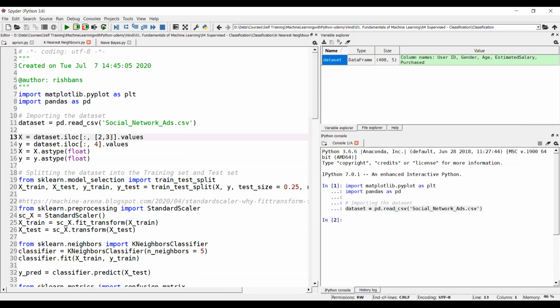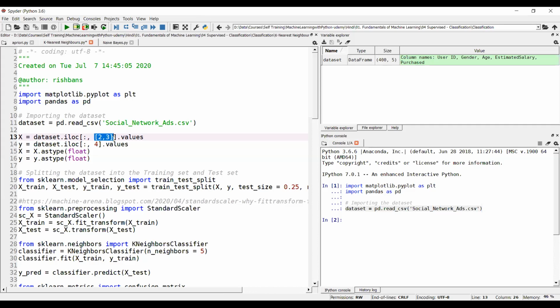Now in pandas, if you write like this within the parenthesis, the first colon says that I am going to import all the rows, and after the comma, if you again give values in parenthesis, you need to specify the exact index of the columns, starting with 0.